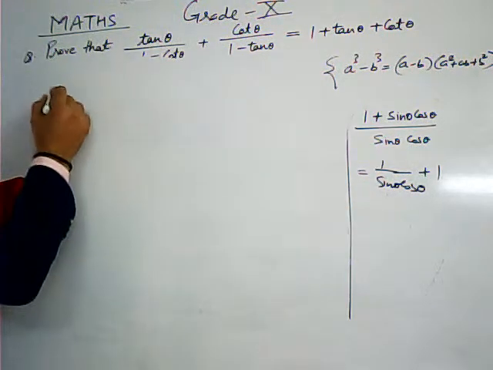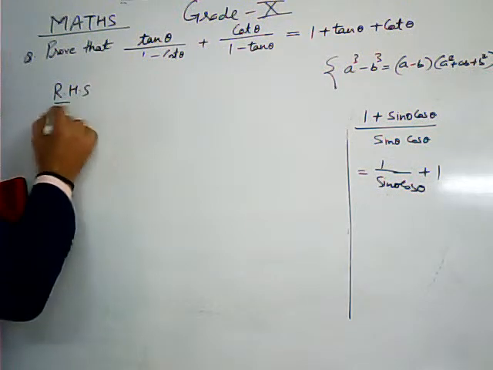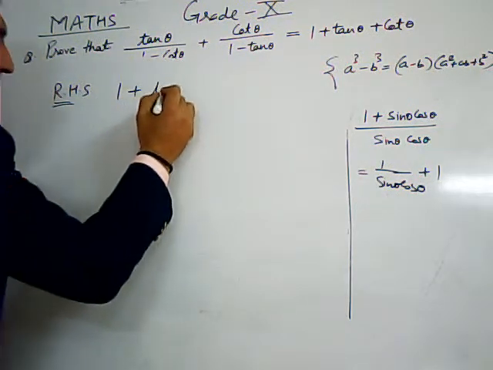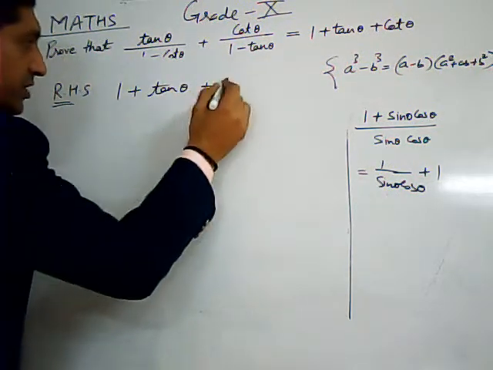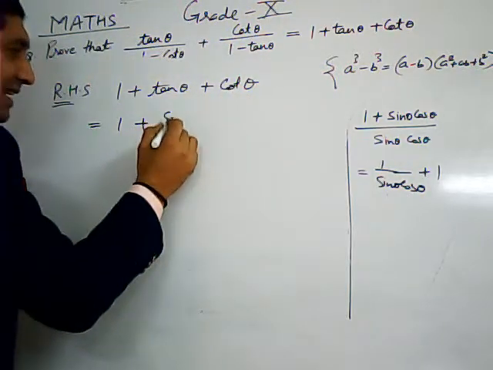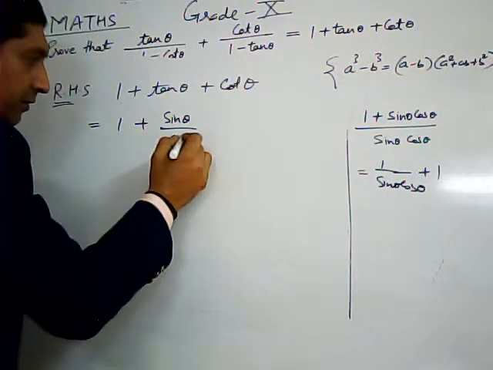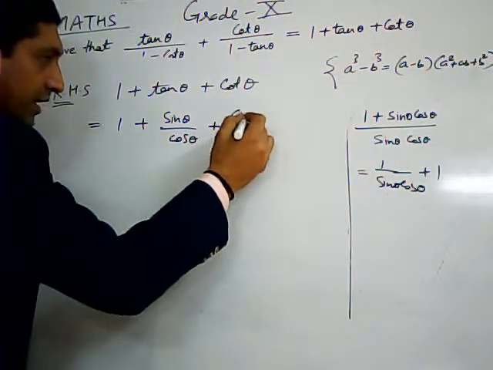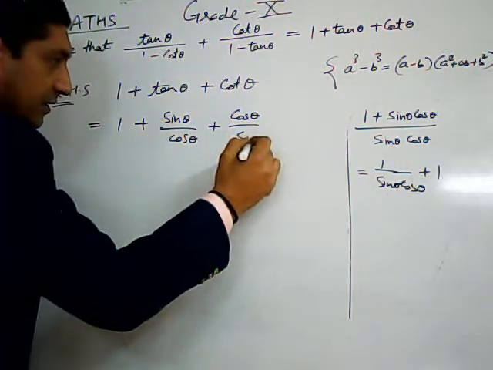Right hand side: 1 plus tangent of theta plus cotangent of theta, that can also be changed to 1 plus sine of theta upon cosine of theta plus cosine of theta upon sine of theta, right?